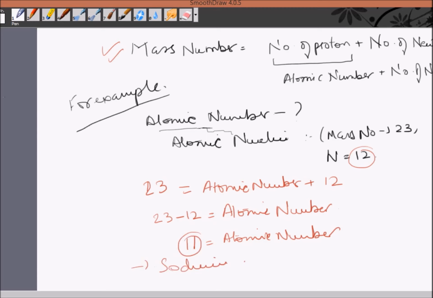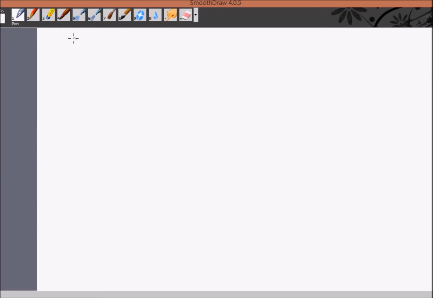So let's understand now the characteristics of the mass number. First, it is a summation of protons and neutrons.